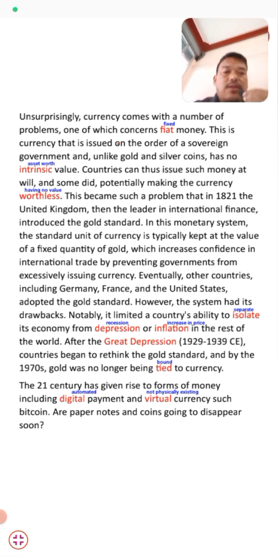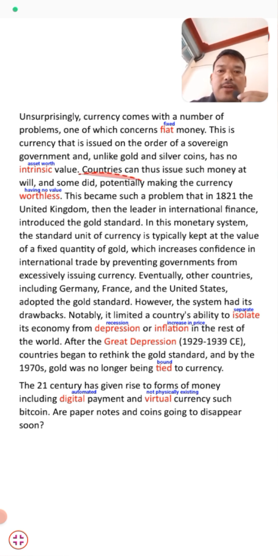That this money is created by a government, and is not as valuable as gold and silver coins. That's why this was the biggest problem, that it is created by the government only, and doesn't have the value of gold and silver coins.